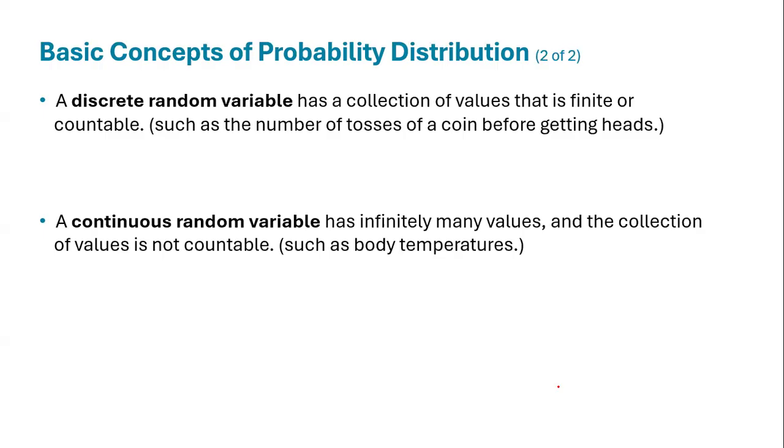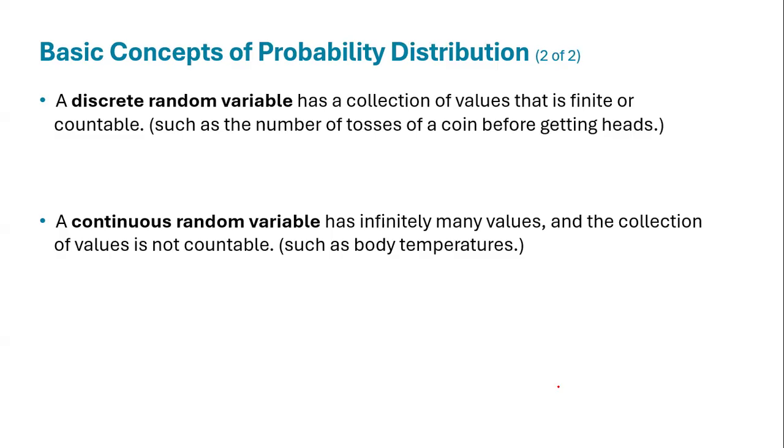For example, the number of tosses of a coin before getting the first head. You may just toss it once, or 2 times, or 10 times, or 15 times. These are countable values. You can't say I tossed the coin 10.5 times.